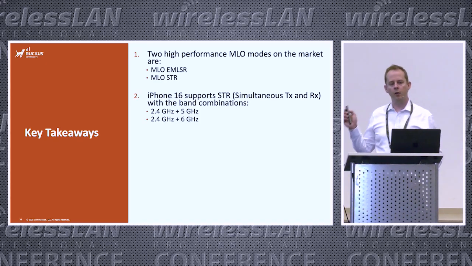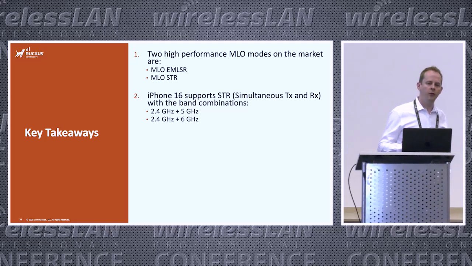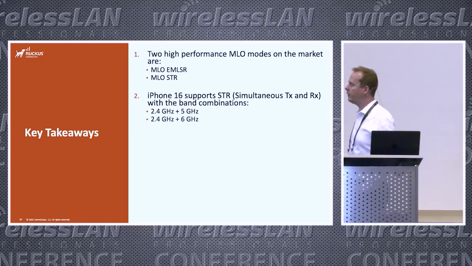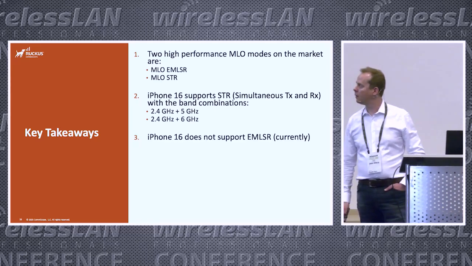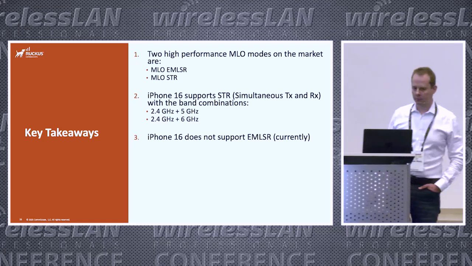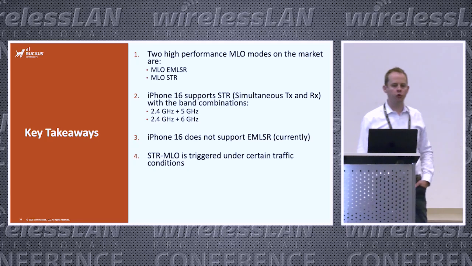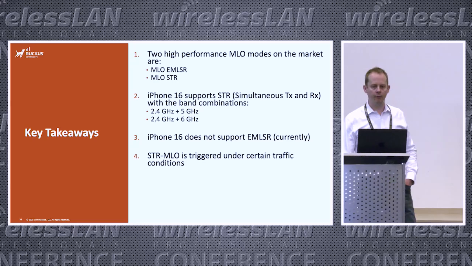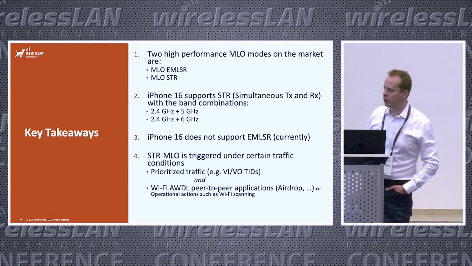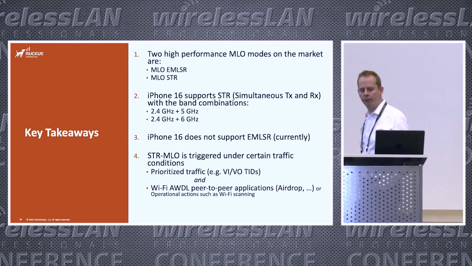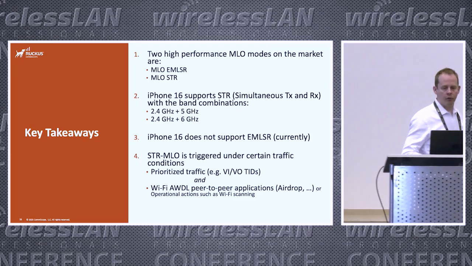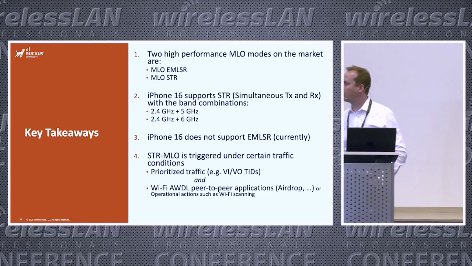Then, we know that with an iPhone 16, we support STR across the bands 2.4 and 5, and 2.4 and 6. We know that at this stage, iPhone 16 does not support eMLSR. And we know that if we want to trigger STR on an iPhone, we need prioritized traffic and other communication, such as AWDL for peer-to-peer applications, AirDrop, screen sharing, and or some specific operation from the device, such as Wi-Fi scanning.